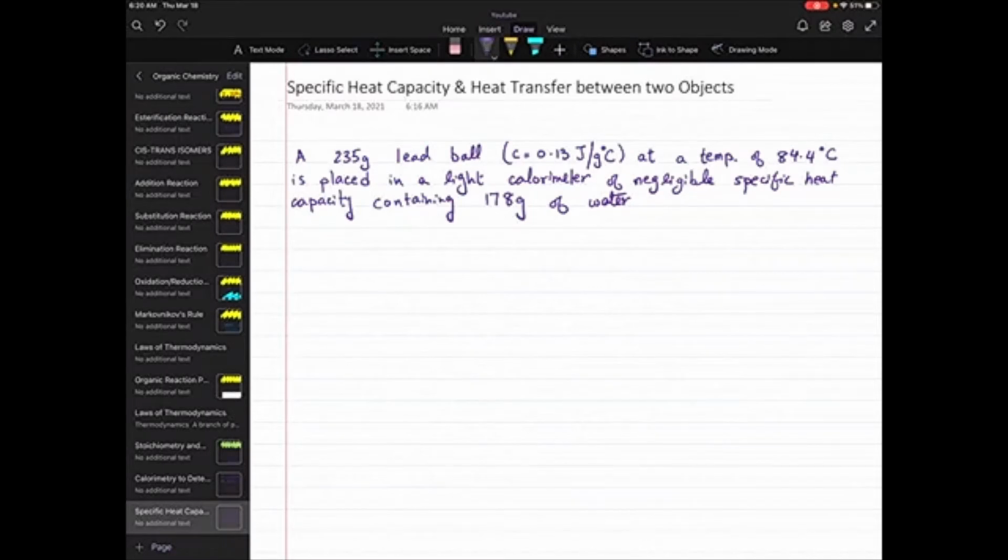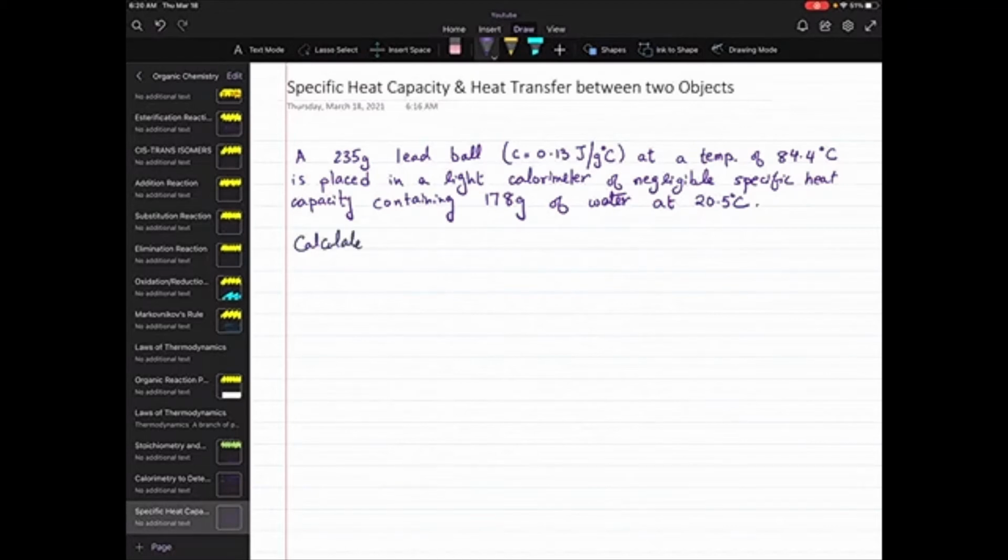Again, no chemical reaction, just a physical transfer of heat. And this one is at 20.5 degrees Celsius in the beginning, the temperature of the water before the lead ball was added to the container. Now, they're asking us to calculate the equilibrium temperature of the system.